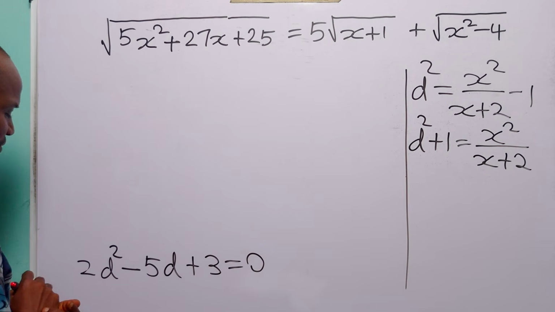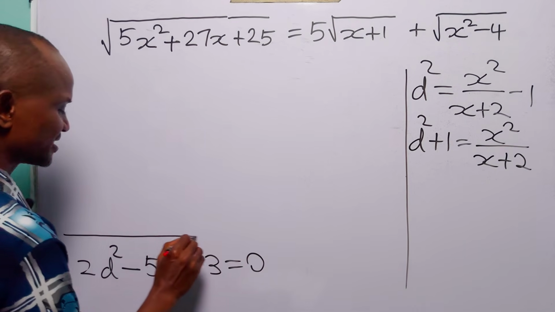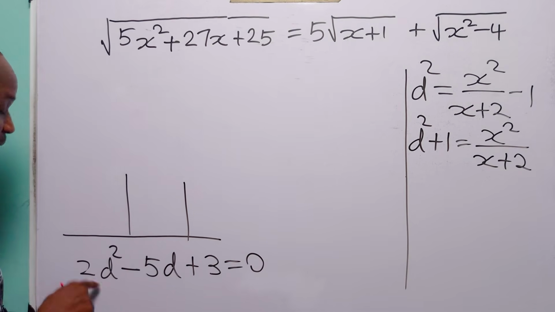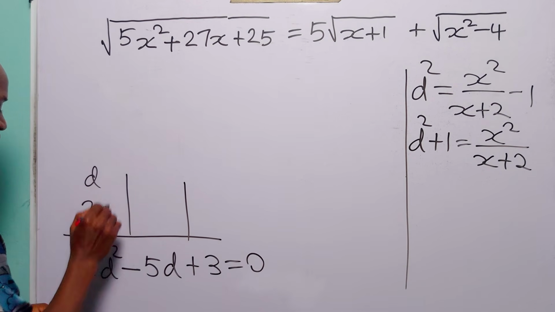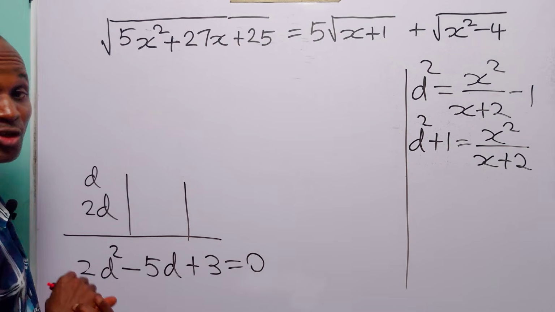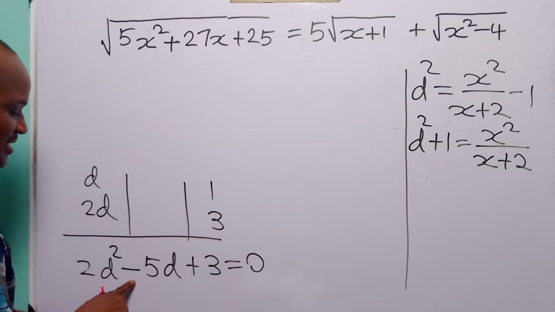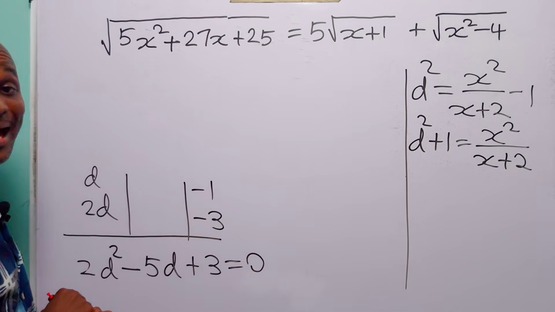Now we can solve this quadratic equation by factorization. Since the coefficient of d squared is not 1, let us use the table method. What are the factors of 2d squared? We have d and 2d. What are the factors of 3? We have 1 and 3. But since the middle term is negative, let this be minus 1 and let this be minus 3.